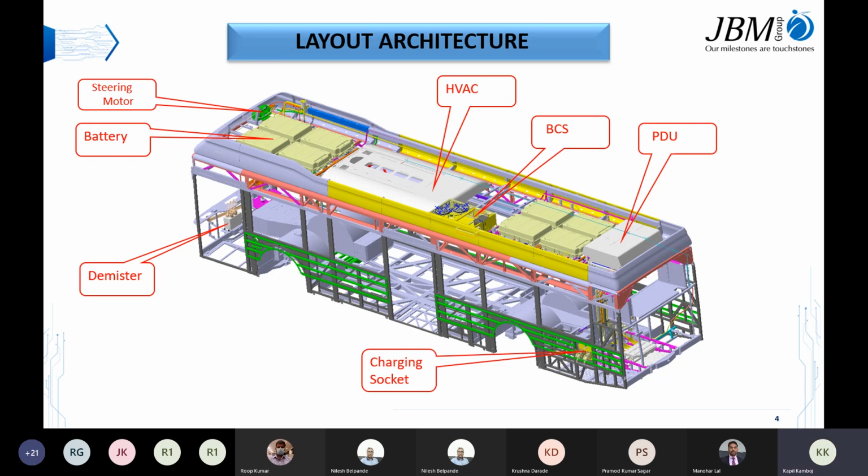We have this dual gun charging socket, which is used to charge the battery at 200 ampere. In further slides, we will discuss the charging process as well: how the charger and the bus, which we call CC, are connected with each other before charging, how they communicate, what parameters they check, and if there is any fault, the charging will be stopped, what will be written on the cluster, and what will be written on the charger.